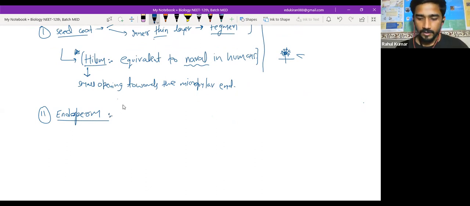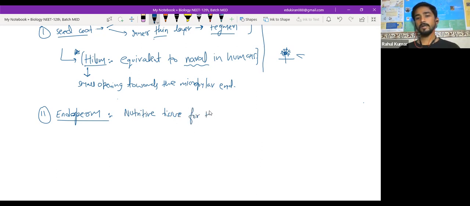Now write down: the endosperm is the nutritive tissue which provides nutrients to the developing embryo.